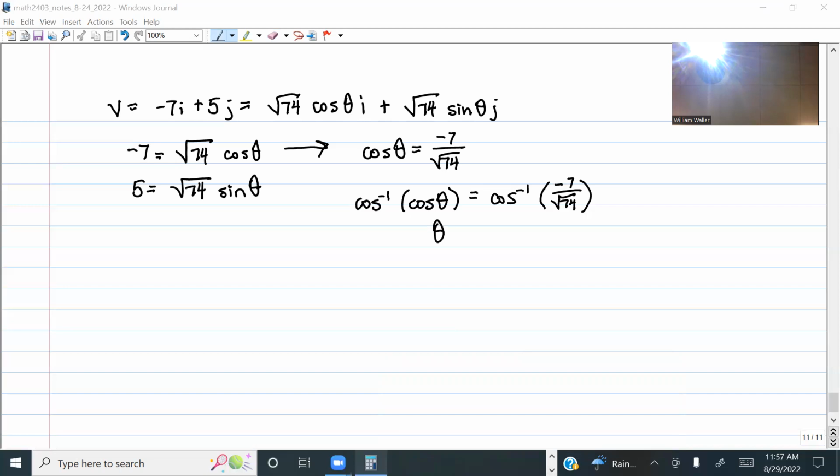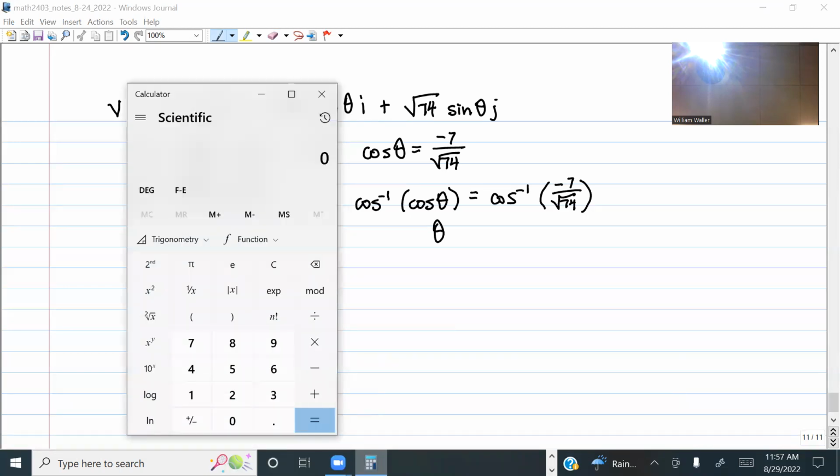Let's see if I can do that here on this calculator. So I have 7 divided by, let me put some parentheses in there, the square root of 74. And that comes out to be positive 0.8, but I need to change the sign, because this was negative.